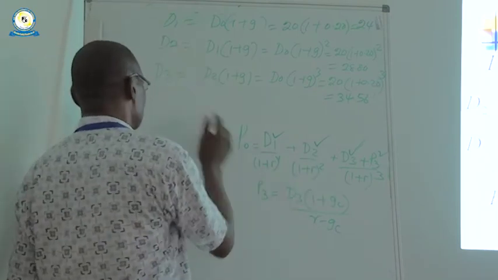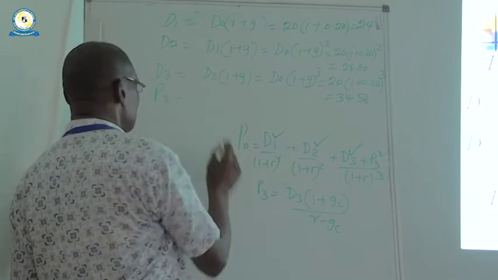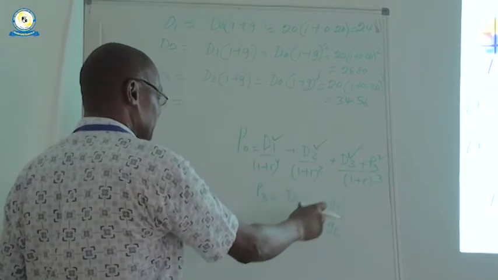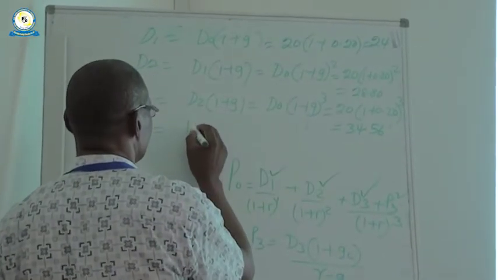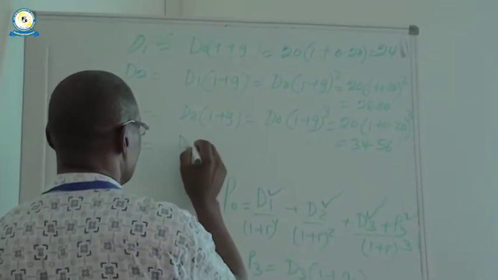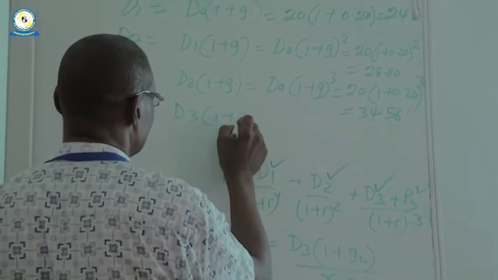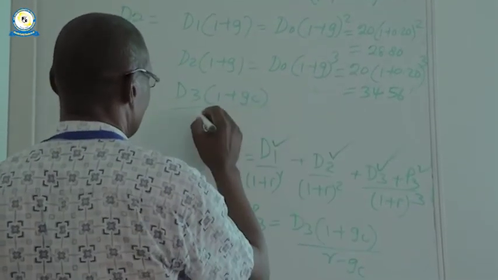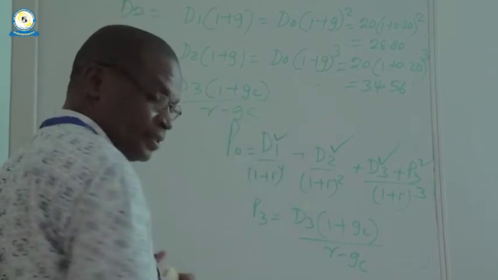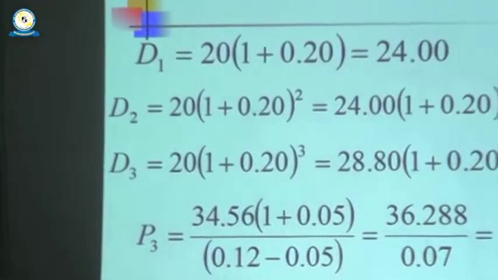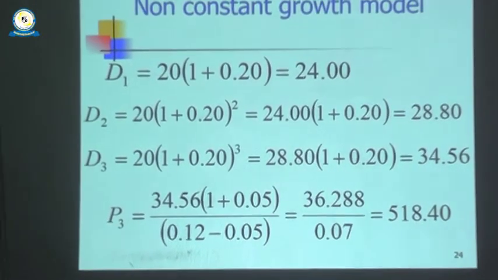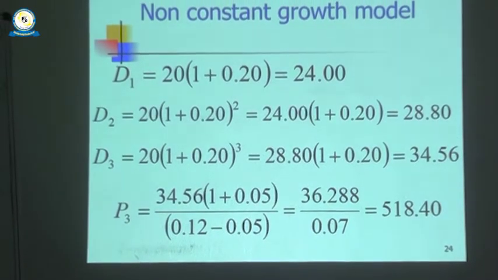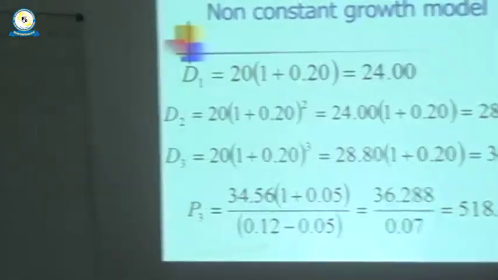Now we look for P3. P3 is equal to D3 times 1 plus GC over R minus GC. D3 is 34.56.